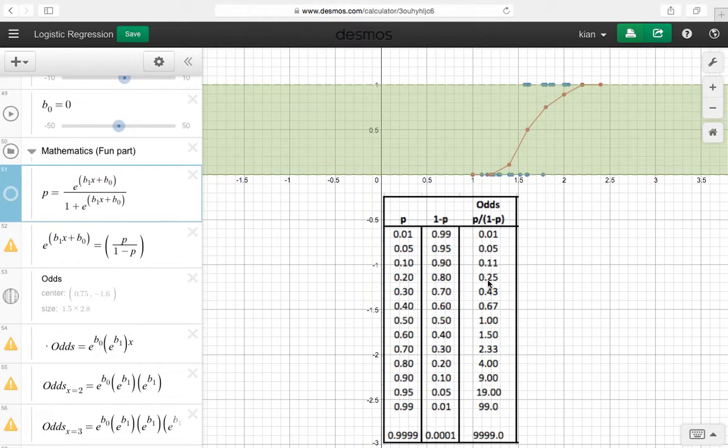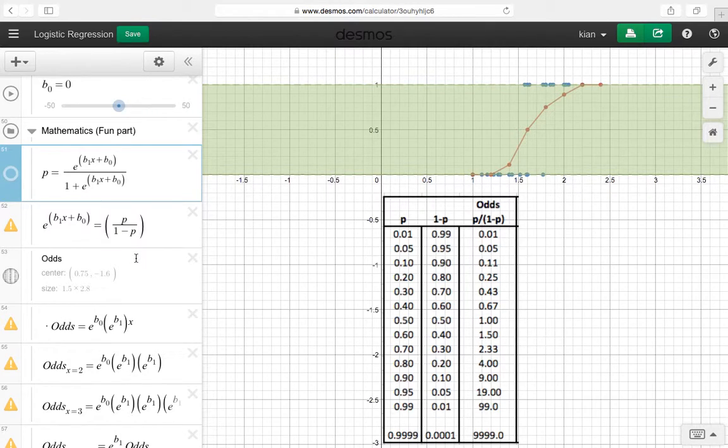So what this means is that as long as odds are more than 1, the probability of that thing happening is more than 50%. So anything with odds of less than 1, of course between 0 and 1, it means that the probability of happening is less than 50%.